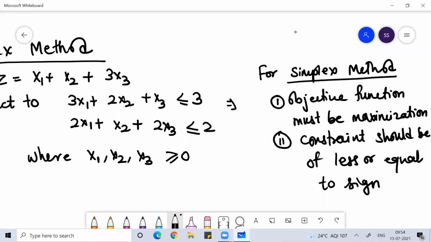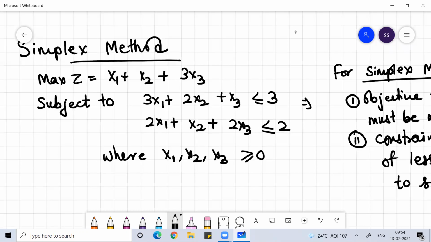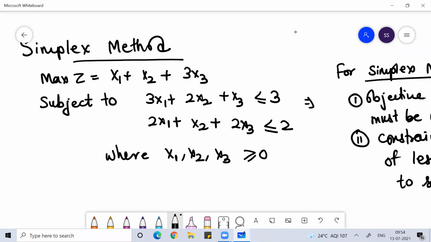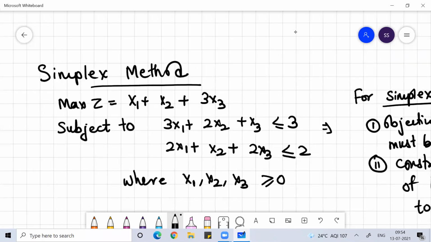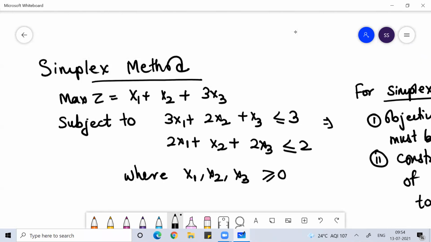Right now, I'm not going to discuss Big M method or dual penalty method. I'm going to talk about the basic problems on simplex method. Whenever you have a problem on simplex method, always understand that your objective function is always maximization, and your constraints are always of less than or equal to sign.